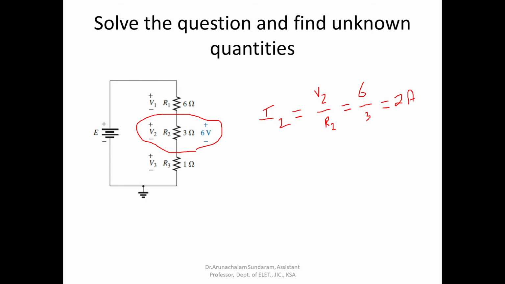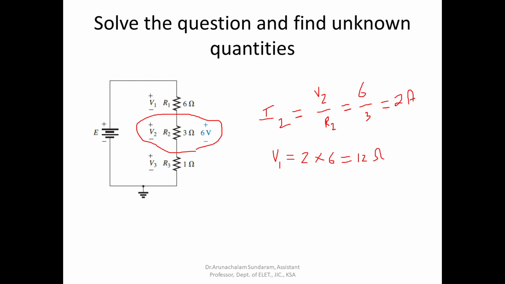Now since you have found the current in resistor 2, you know that the current in all the elements of the series circuit will be the same. So how to find V1? V1 is current multiplied by resistance. 2 into 6 is equal to 12. So you will get the same answer that you got in the previous question.